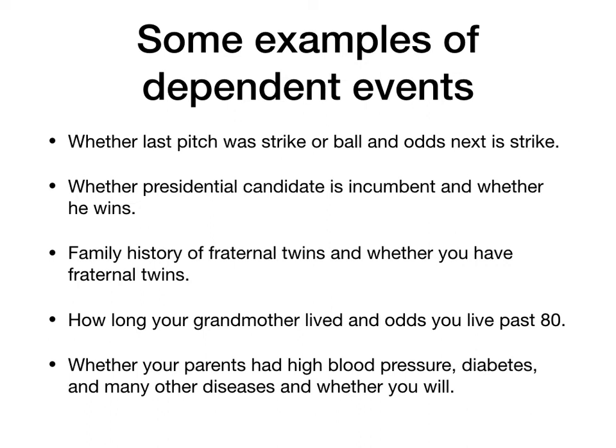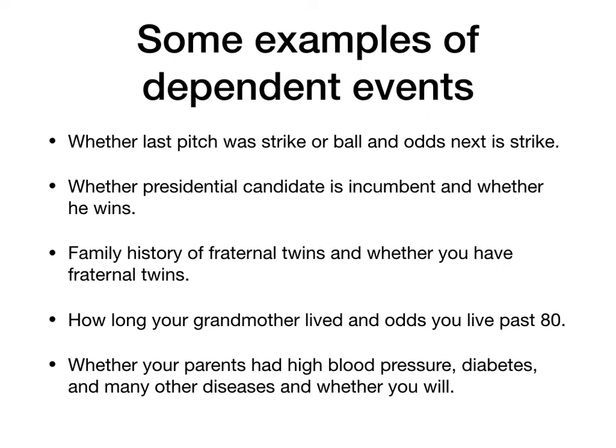Another dependent event, how long your grandmother lived and the odds you'll live past 80, right? You know, there's a big genetic component in aging. If grandma died at 95, your odds of living pretty long go up.